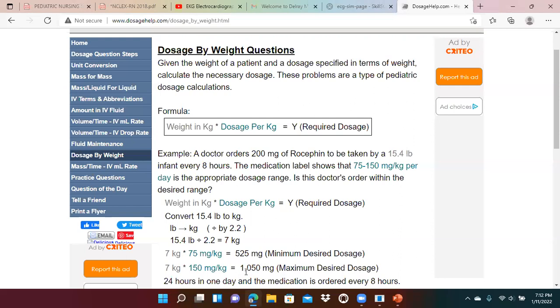If you give more than this, the medication will be toxic, causes poisoning, overdoses. So the range is 525 to 1050. So they said this is the appropriate dose range. Is this doctor's order within the desired range?